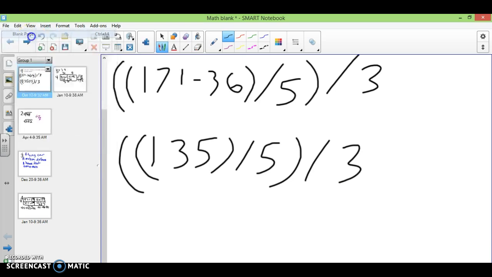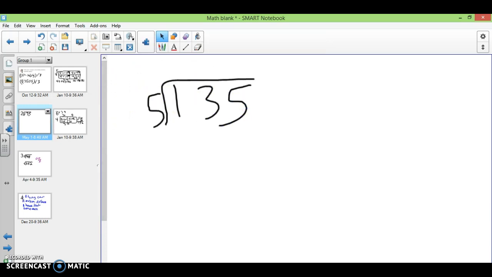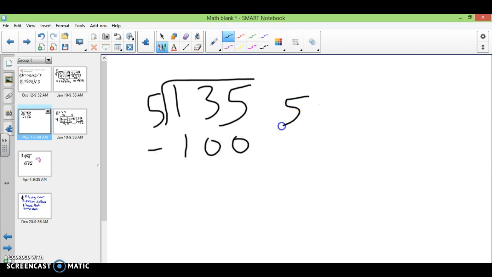So I'm going to go to a new page. And what I can do is partial quotients. So I'm going to subtract here 100, because I know that 5 times 20 equals 100.